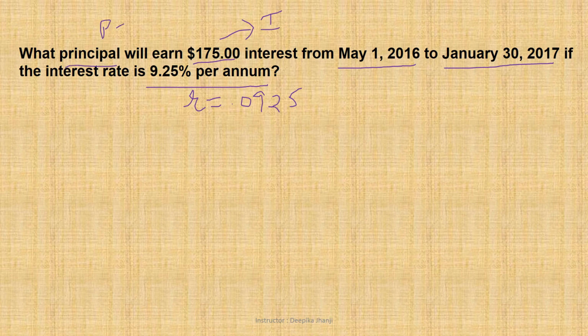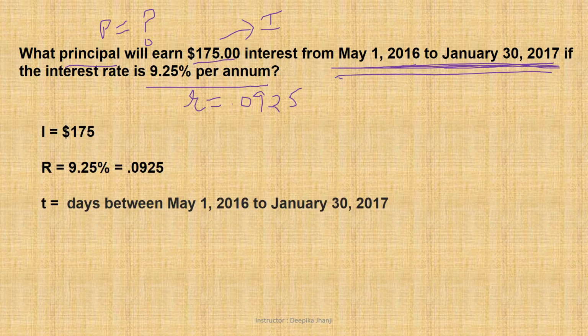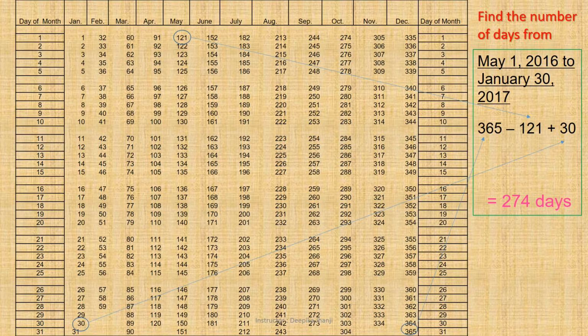So principal is the question mark, and the time is between these two dates, May 1st, 2016 to January 30th, 2017. So we need to calculate the days between these two dates before calculating the principal. So this is the information we have. Let's calculate the days between these two dates using the chart.